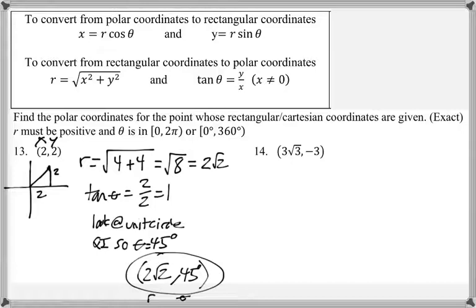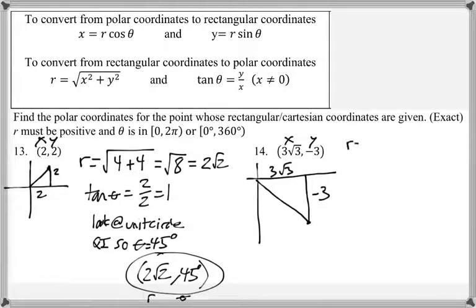For number 14, I want to graph this. And you're going to the right 3 square root of 3, and you're going down 3. So r is going to be equal to the square root of x squared plus y squared.